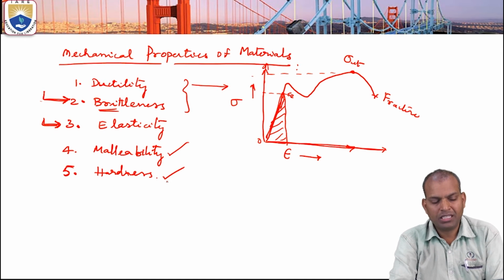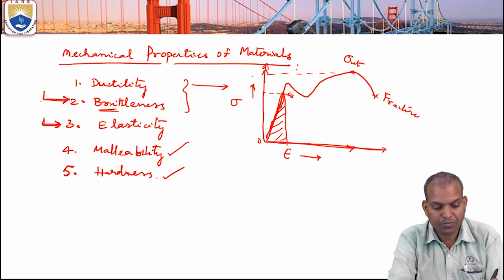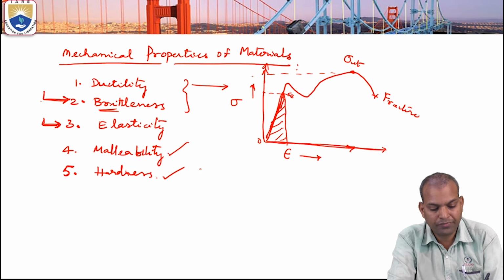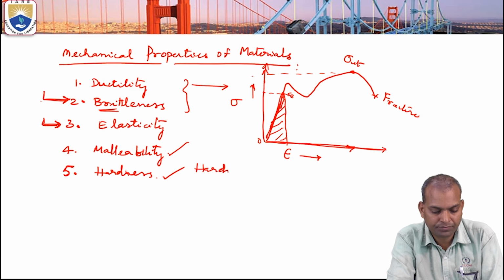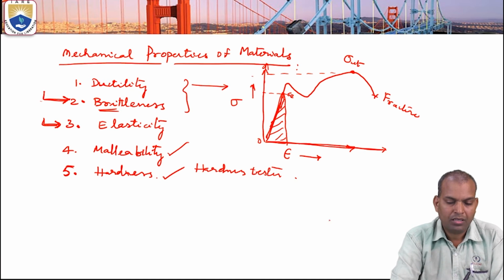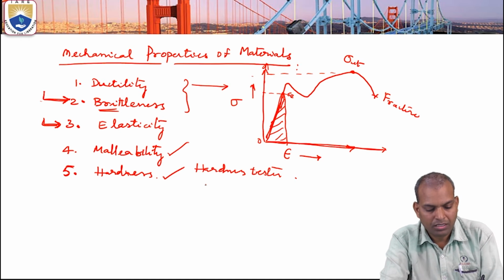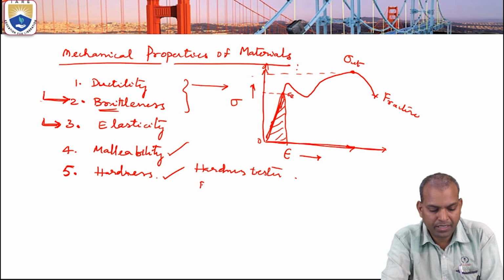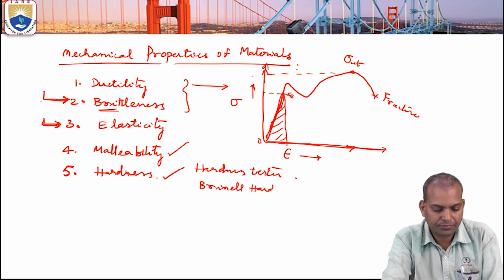Hardness is measured experimentally with the help of a hardness tester. In that, there are different scales: Brinell hardness and Rockwell hardness.